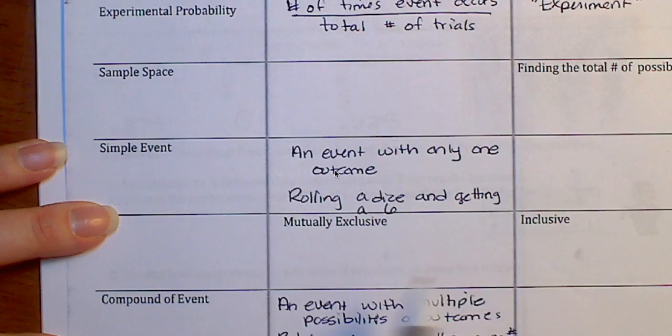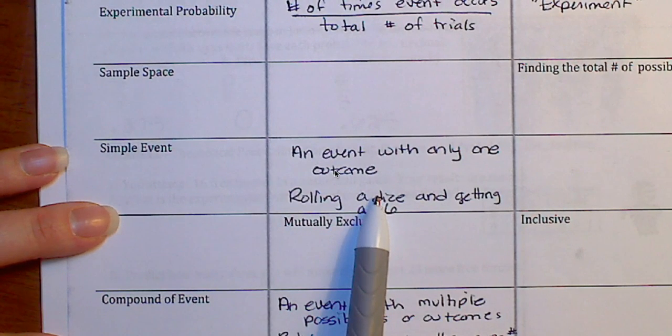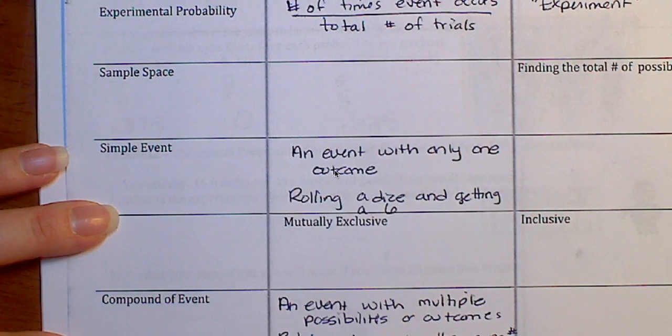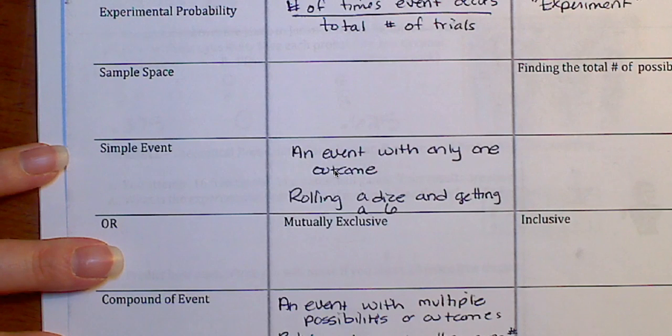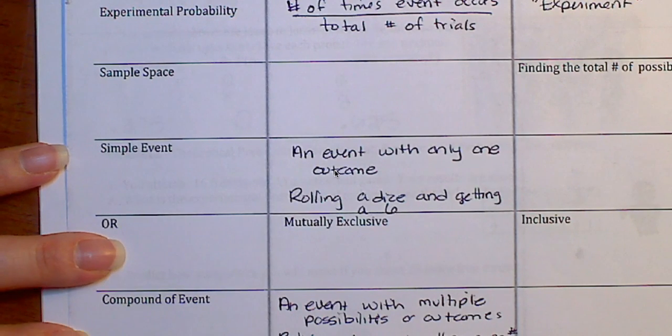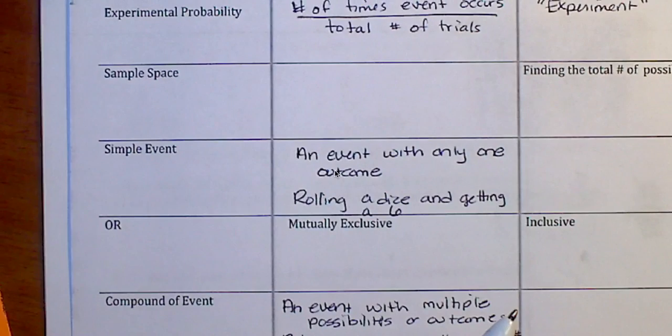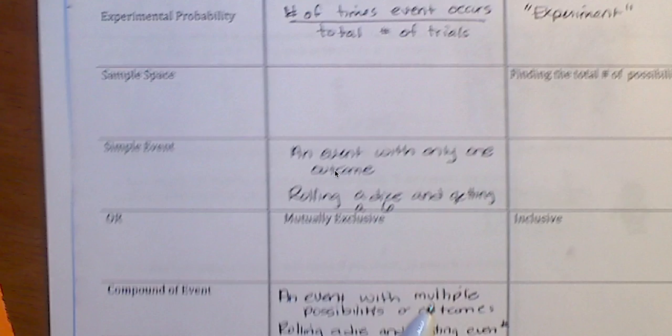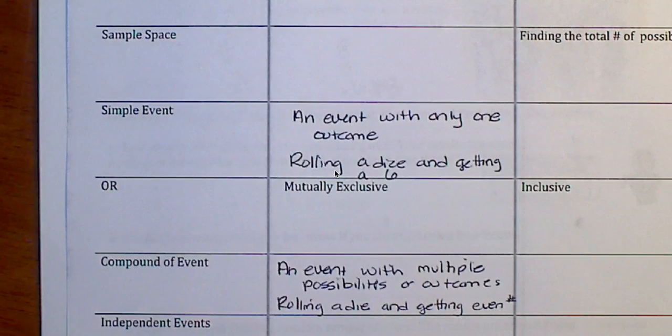Okay, so if there's only one way to get a 6, then that's a simple event. If there's multiple ways to get an even number, so 2, 4, or 6, then that's called a compound event. Okay, that's the difference between those two. I'm not going to stress that very much. You're not going to be asked to identify if it's simple or compound, just something that's important to think about.